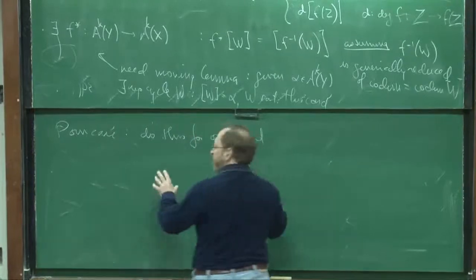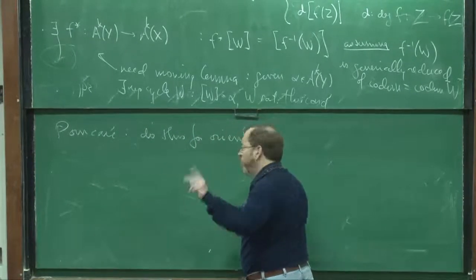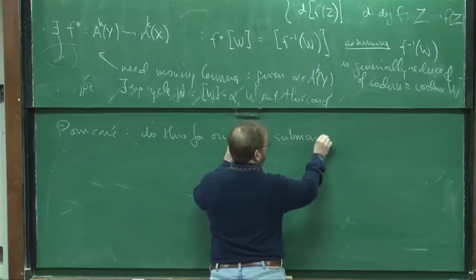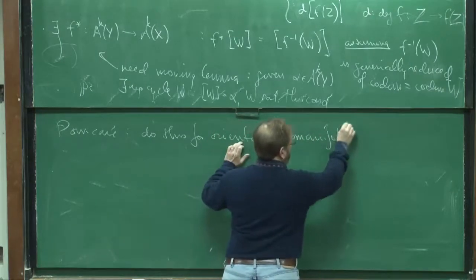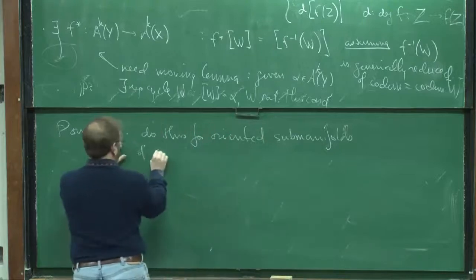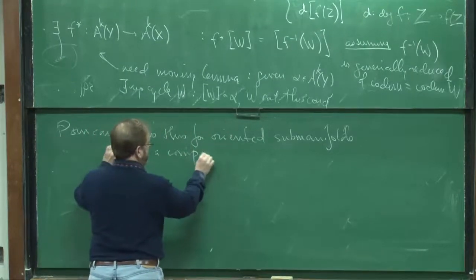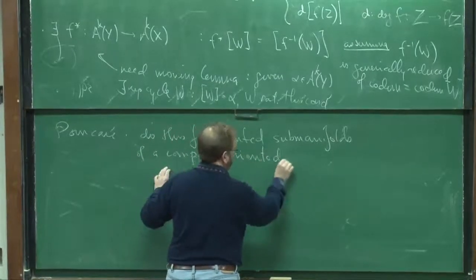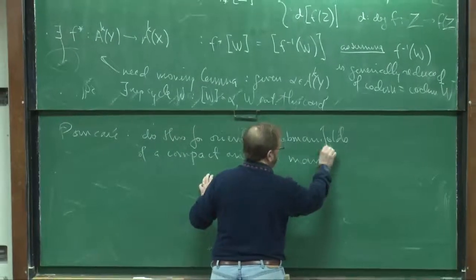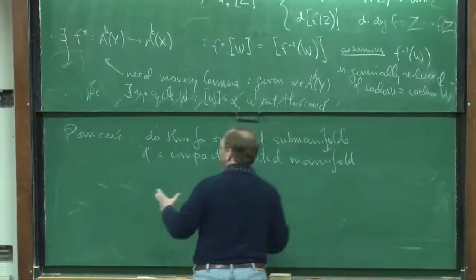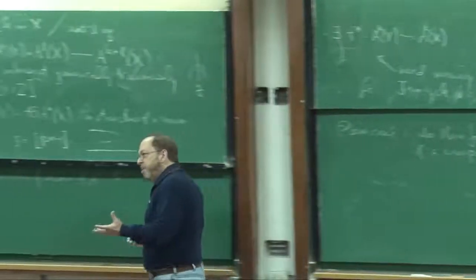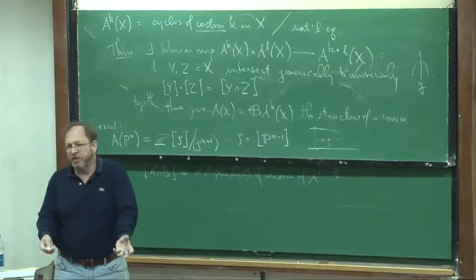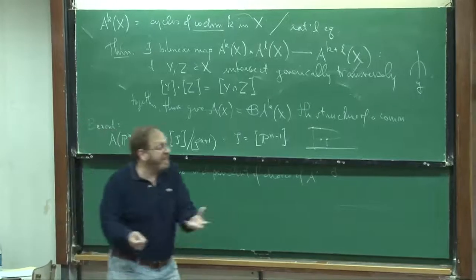Now we're working in the C infinity category, differentiable manifolds, oriented submanifolds of a compact oriented manifold. And the question is, does it make sense to talk about the intersection of two submanifolds as invariant under continuous deformation? And it looks like it does.